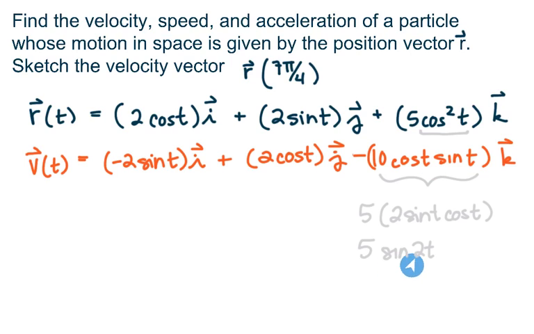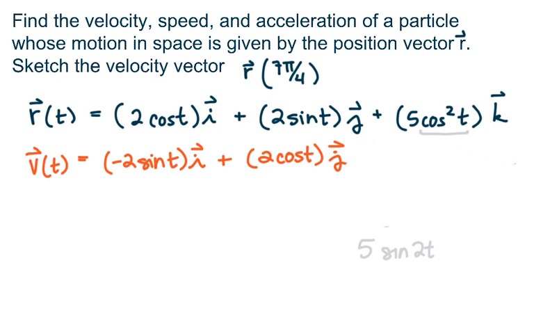So applying a little bit of a trig identity, when I go to find my acceleration vector and take the derivative of the derivative, it'll be a little bit easier. So I'm going to erase that, and I'm left with minus 5 sine of 2t k.